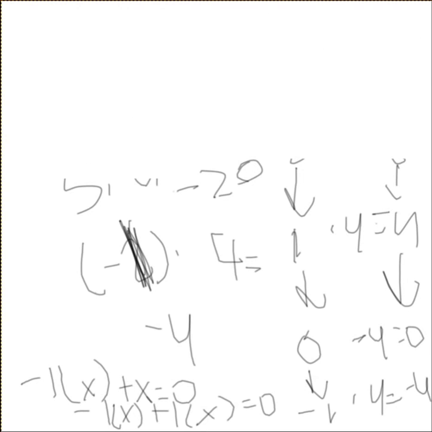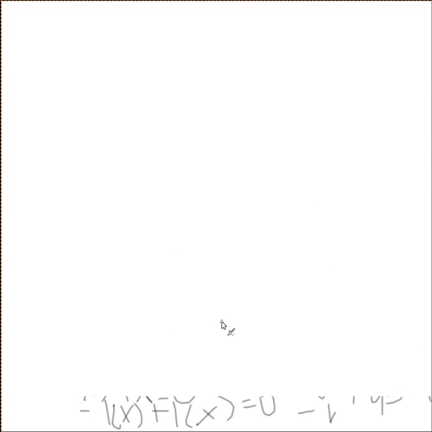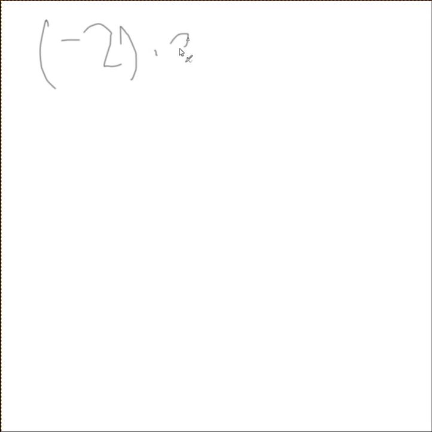Alright. So, a couple more things concerning multiplication. So, let's say we have negative 2 times 3, and we need to prove that that is equal to the negation of 2 times 3. How are we going to do this? Let's try multiplying by negative 1.